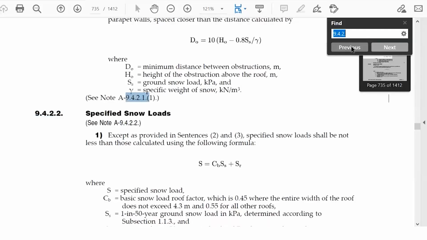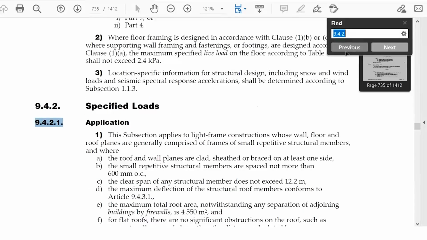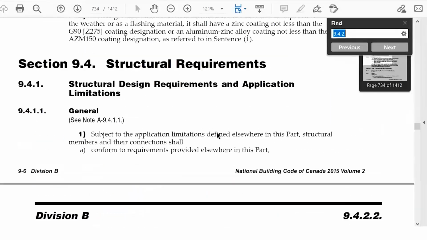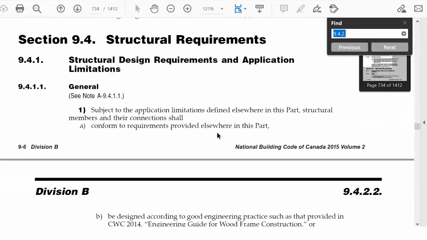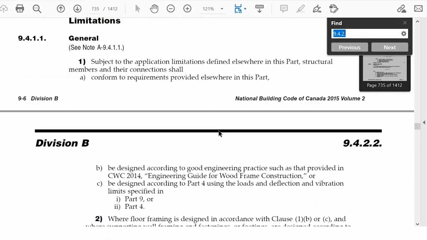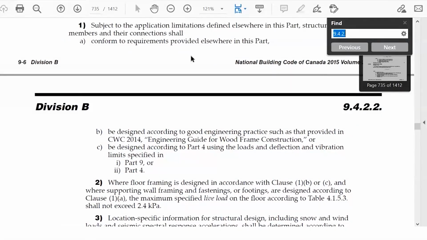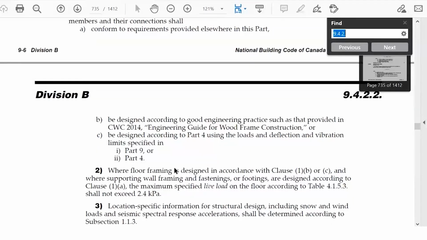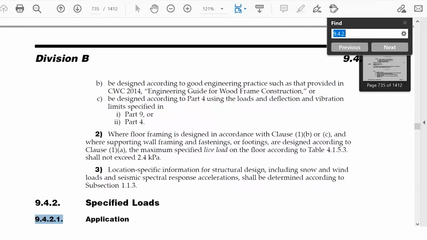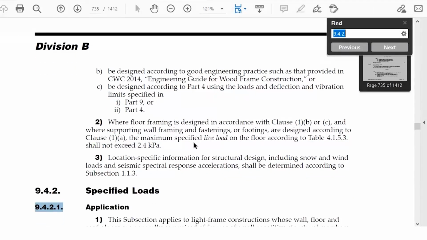So here, in 9.4 structural requirements, it's page 9-6. We went through the applications. We looked at the 3 options for design: whether it's Part 9, whether the CWC engineering guide for wood frame construction, or designed to Part 4 using the loads in Part 9 or Part 4. Okay.